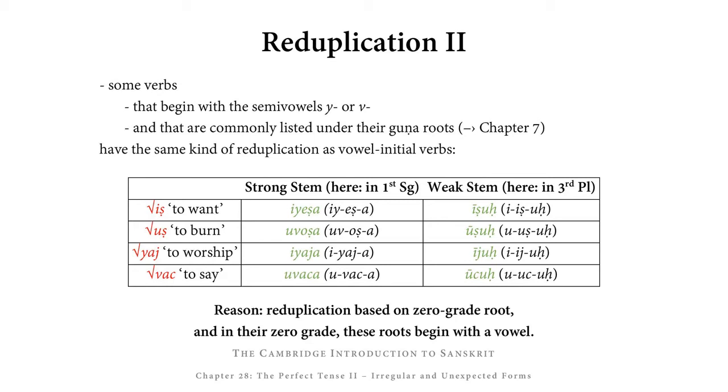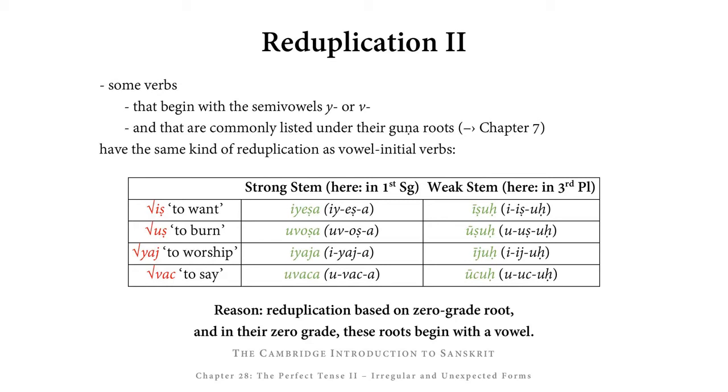Then similarly with vac, we find the reduplicative syllable u, and then the root in zero grade, which is uc, and then our ending us, and u-uc-us is contracted to ucus.